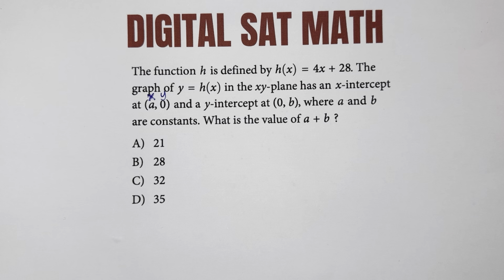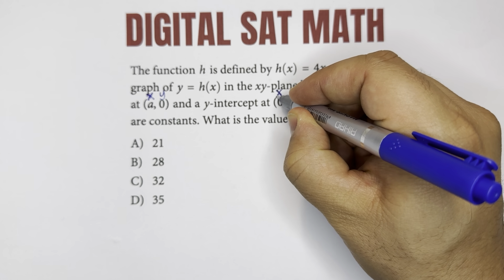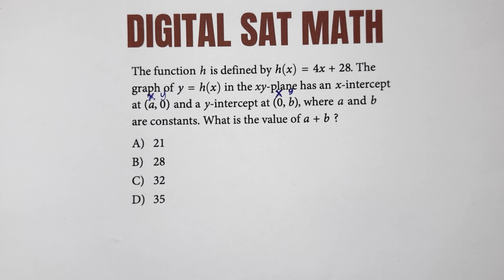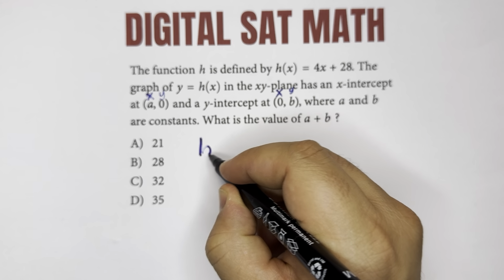For the y-intercept, if you pay attention, the value of x is 0 and the value of y is b. So to solve this problem, this is what we're going to do.